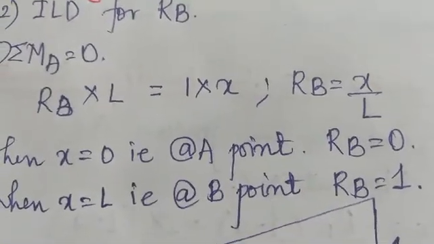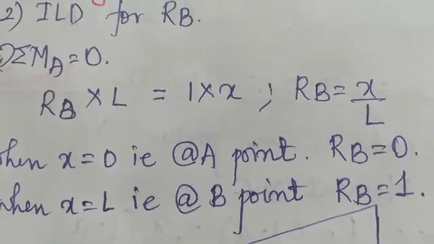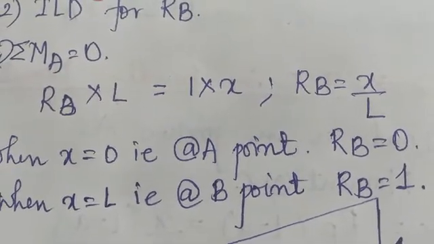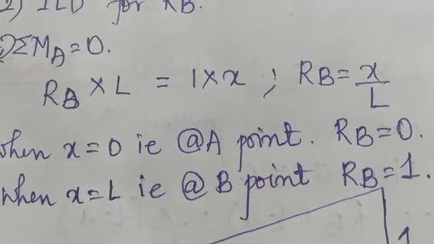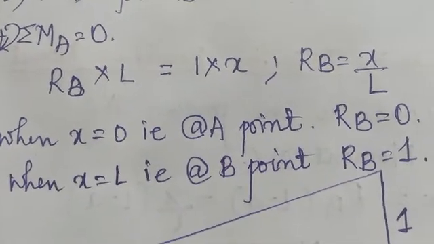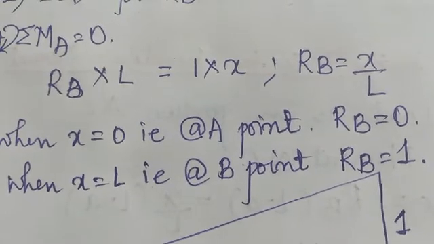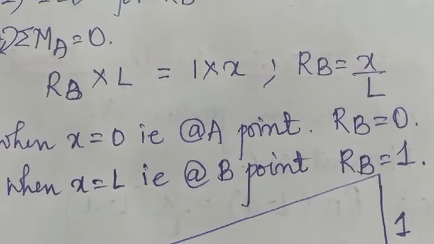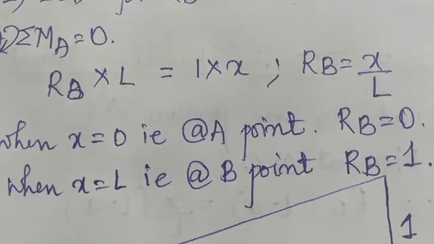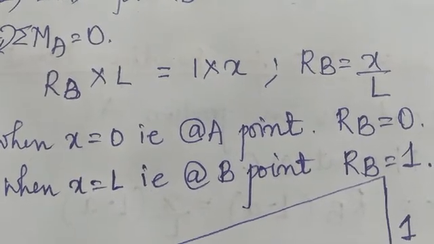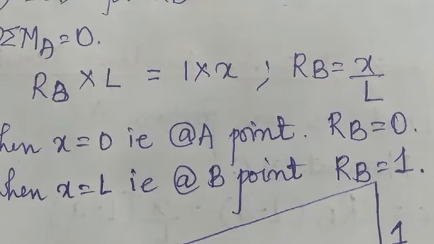Now again I have to substitute the values of X, when X is equal to 0 and when X is equal to L. When X is equal to 0, the load is at point A, and at that time RB will be equal to 0. When the load is at L, that means at point B, RB is equal to 1.